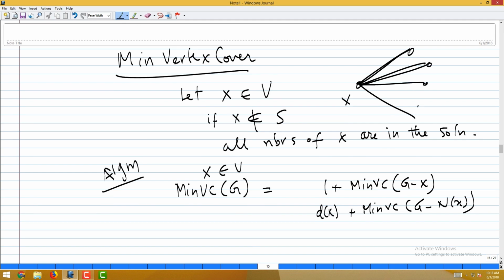I have to write something more to complete it. What do I have to do? These are 2 quantities, so take the minimum of the 2.